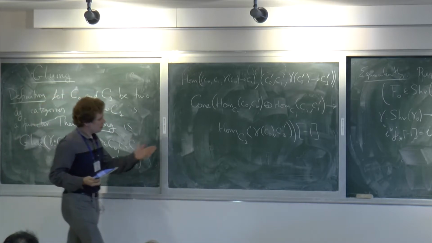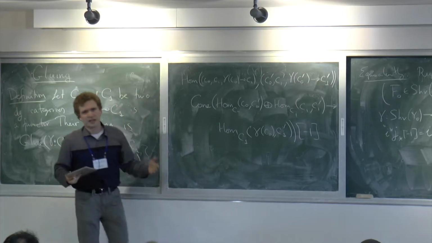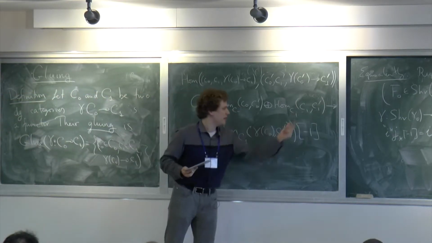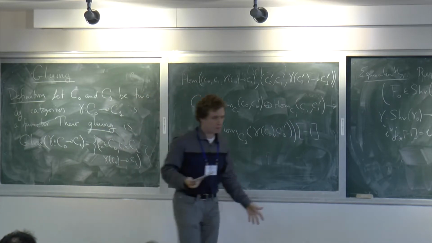In other words, up to the G stuff, I want the kernel of this, which is exactly some kind of relation. So I need a map here, I need a map here, such that the two compositions which land here coincide.